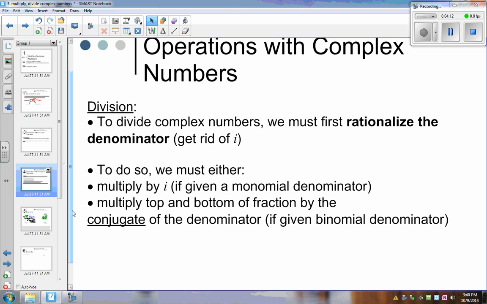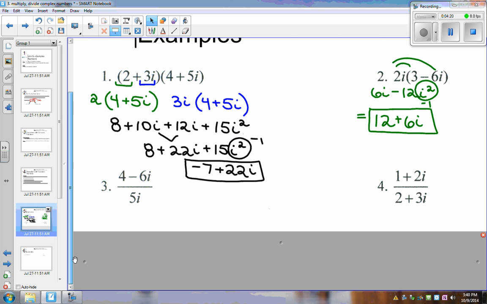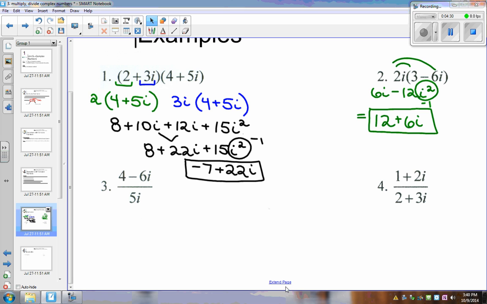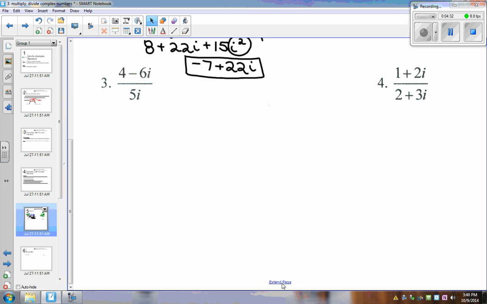So for division, our rule is to rationalize, or get that i value out of the denominator. If we look at examples 3 and 4, we're going to look to get rid of that imaginary unit, and the way we do it will depend on the type of value we have in our denominator.